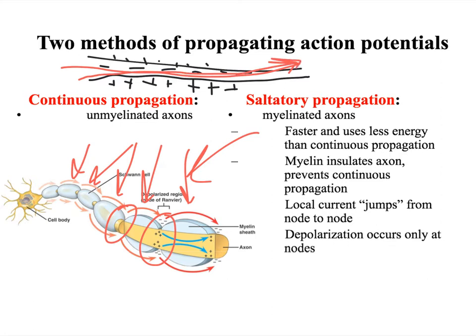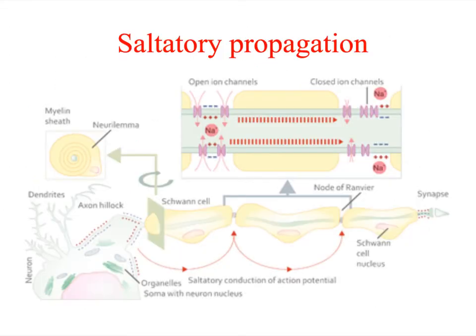But in saltatory propagation, the impulse can actually hop from node to node to node. So you're only having to do the depolarization or repolarization at the nodes. So this is much faster. So make sure you understand continuous propagation is on non-myelinated axons, and it's slower, and saltatory is on myelinated axons, and it's much faster. And the reason that saltatory is faster is simply because, again, you only have to depolarize at the nodes of Ranvier.